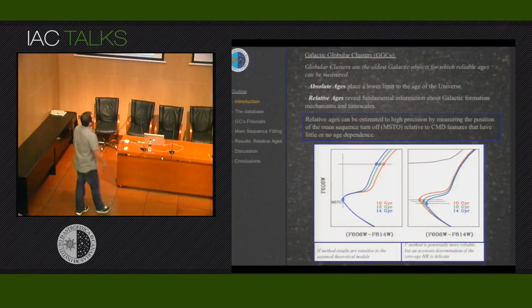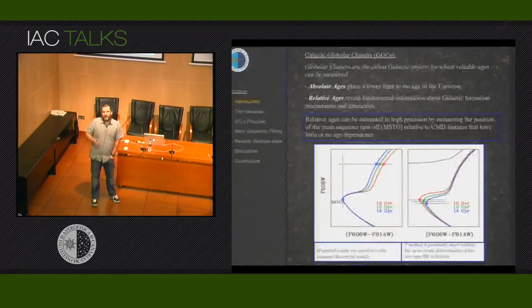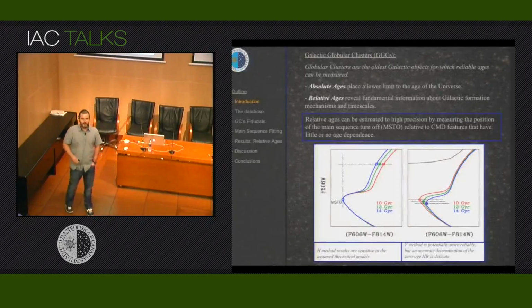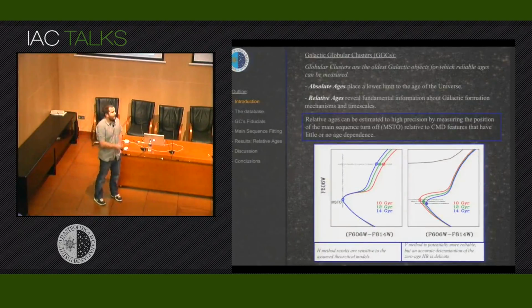So why study globular cluster ages? Globular clusters are very interesting because they are the oldest objects for which reliable ages can be measured. If we focus on absolute ages of globular clusters, we can get an estimation, a lower limit, of the age of the galaxy and the age of the universe.